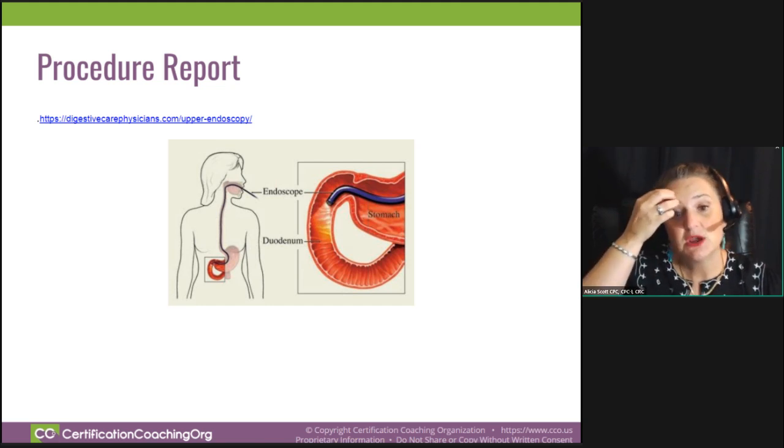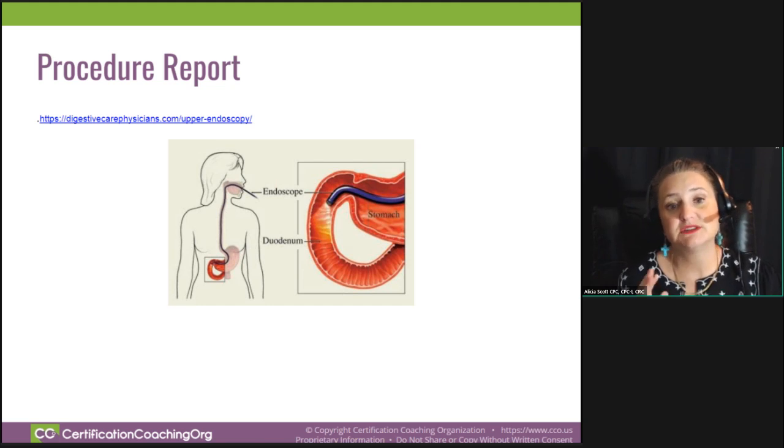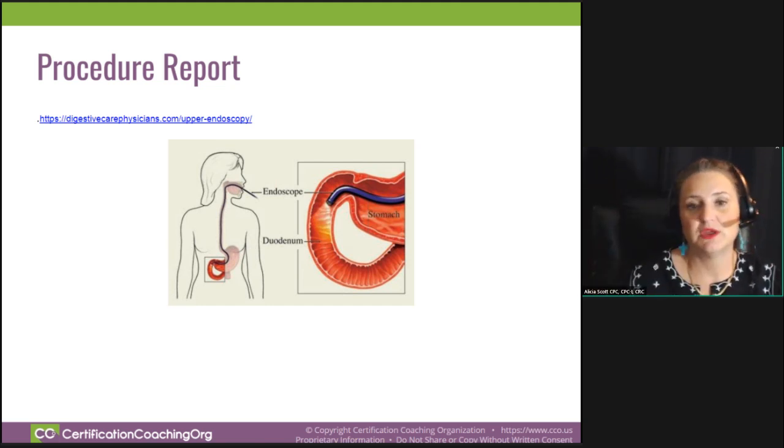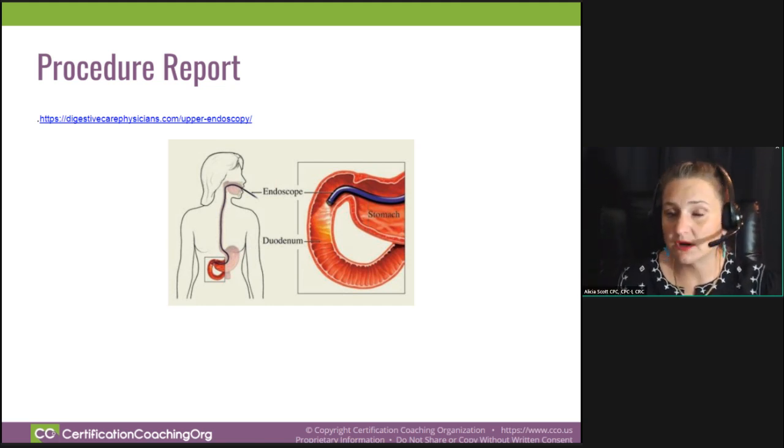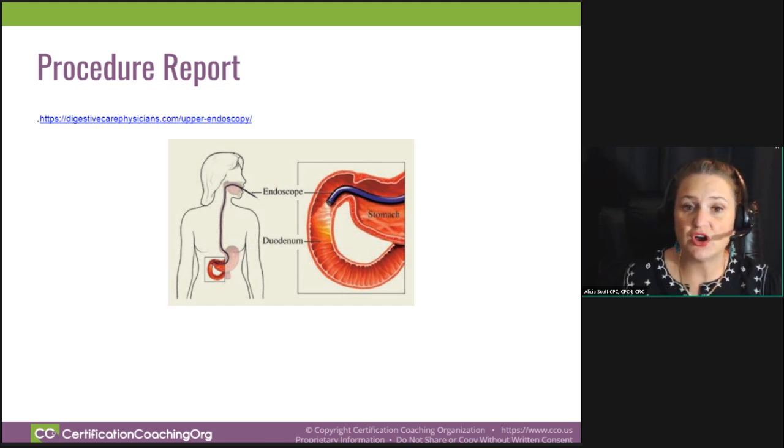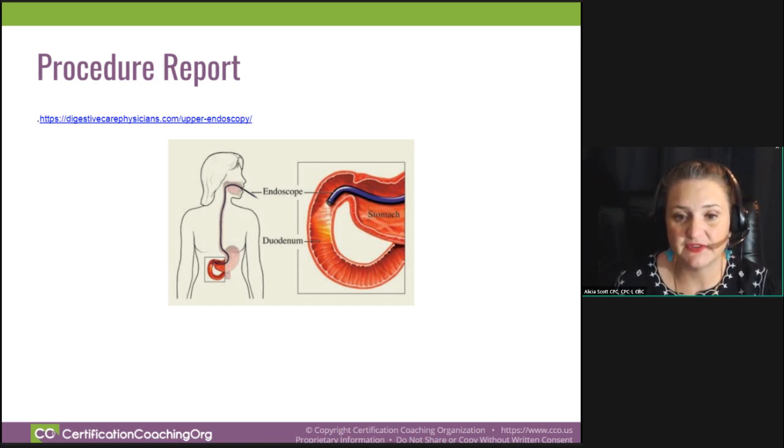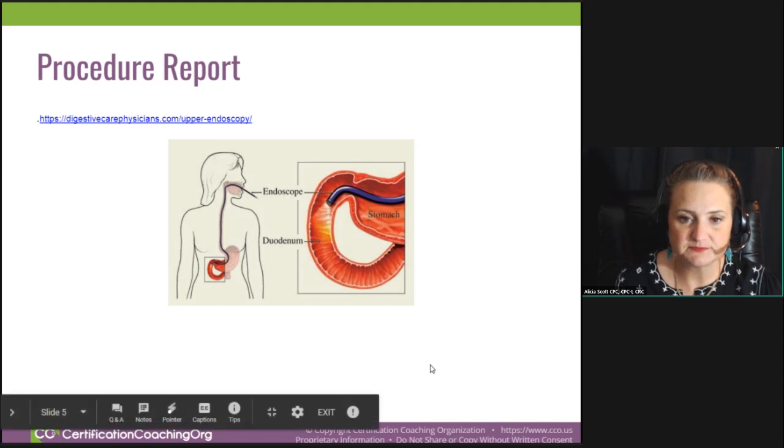So we're not going to get into that because we're just doing this one report. Otherwise, we could go all the way through and talk about lower GIs, which also get stopped for various reasons.